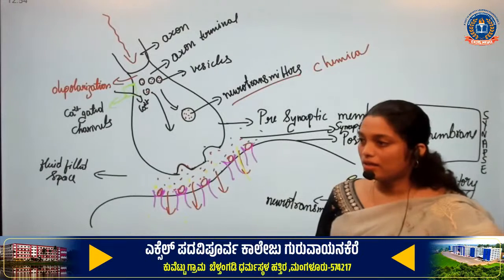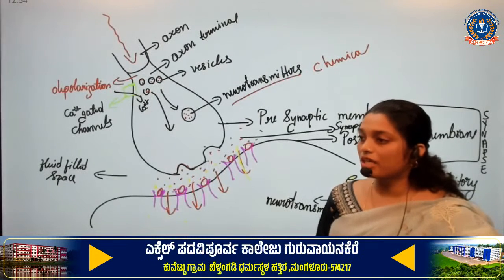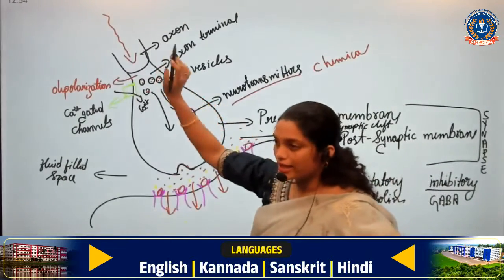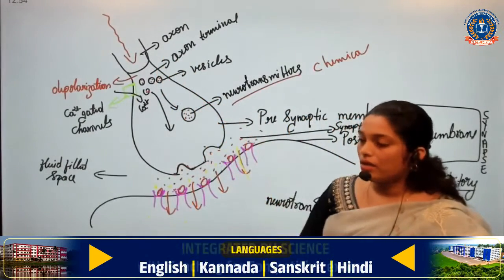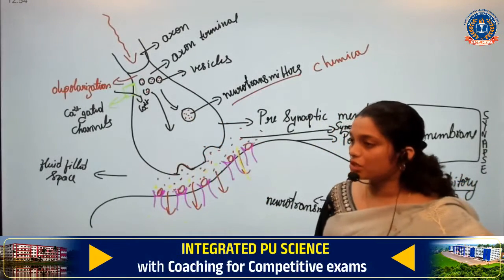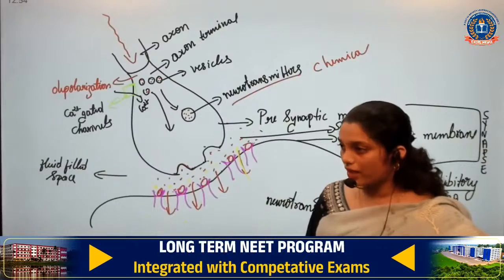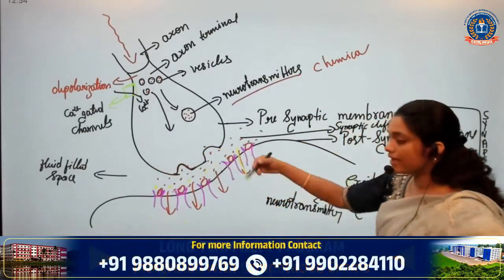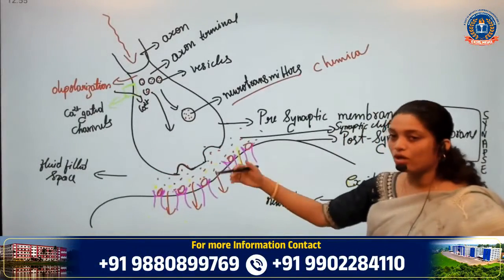Up to here we got it in the electrical form. Now it has the chemicals in the form of neurotransmitters, where these messages will pass from one axon terminal region to the next cell, that is, to the dendrites.